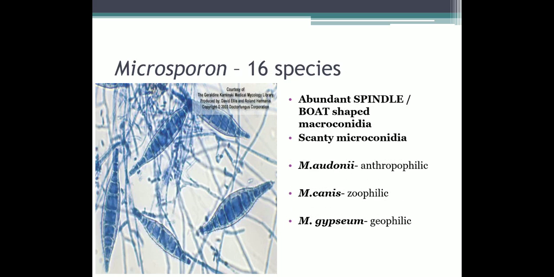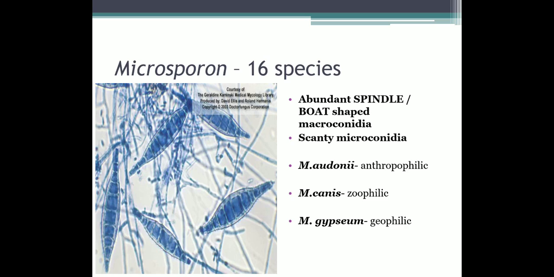The next species, Microsporum, is predominantly identified by the fact that it has abundant macroconidia and scanty microconidia, just opposite to that of Trichophyton. So I repeat once again, in Trichophyton, microconidia are more than macroconidia, whereas in Microsporum, macroconidia are more than microconidia.